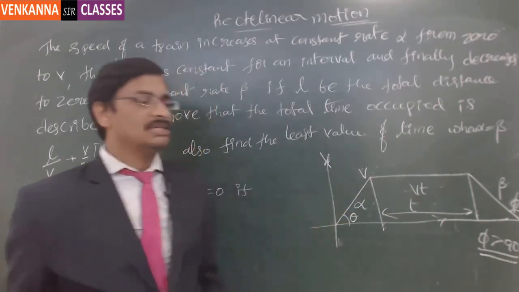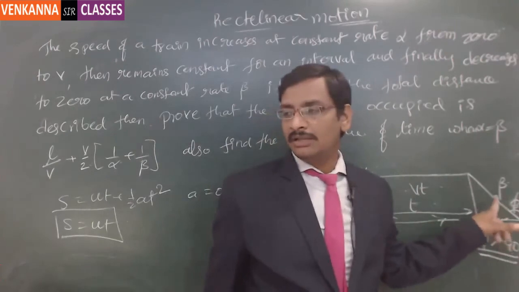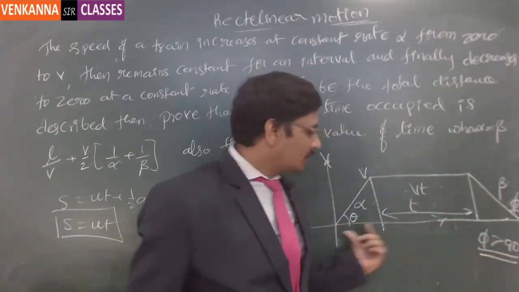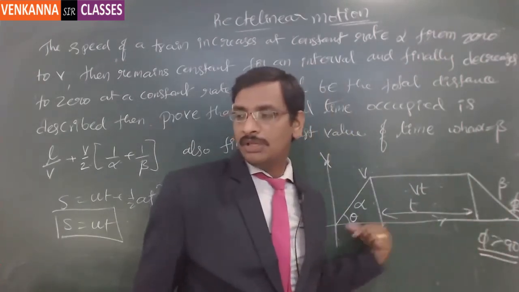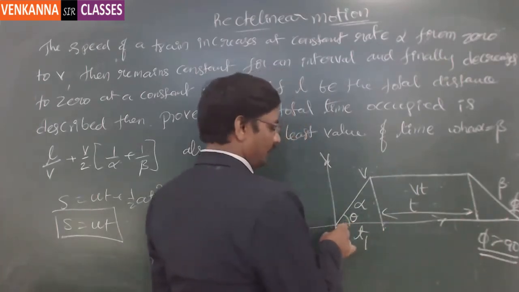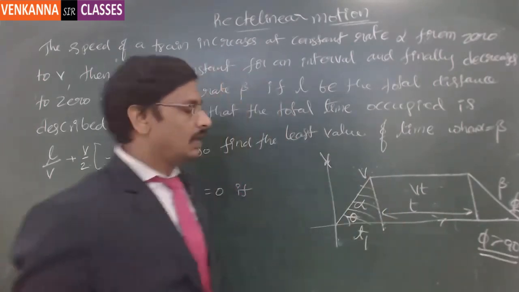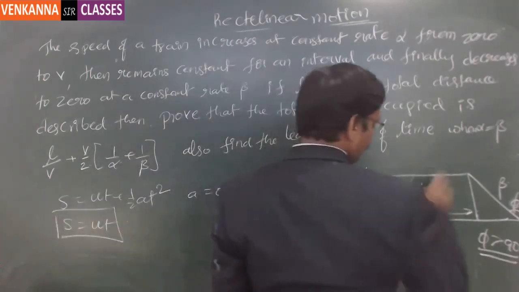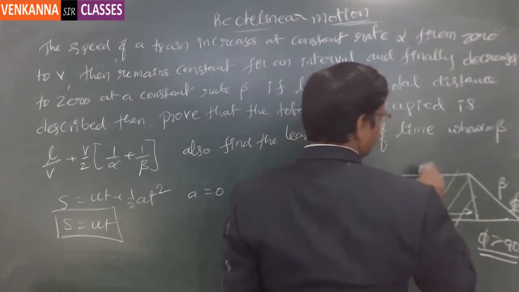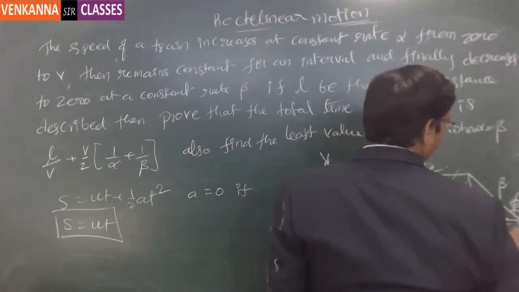Now in this particular scenario, if this rate is alpha and this rate is beta, then he asked us to find out the total time taken from here to here. In this case it took a time of t1 to travel from this location to this distance. And then it took a time of t2, and from here to here it took a time of t3.